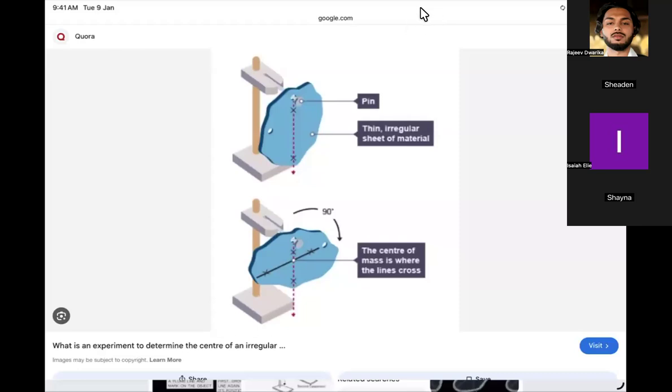Okay, cool. Let me share my screen. Hopefully you guys will understand what's going on.